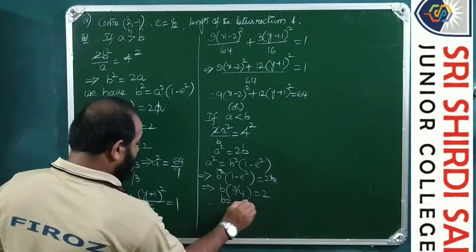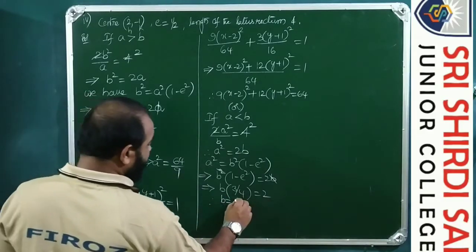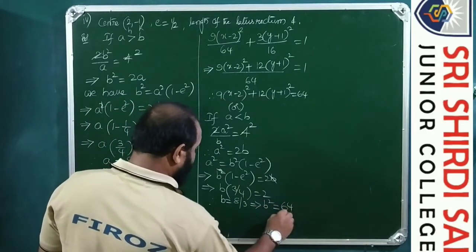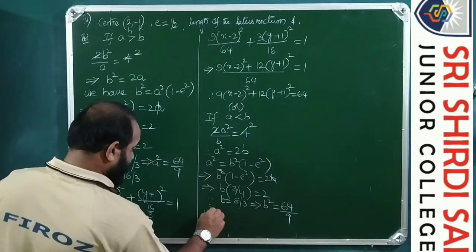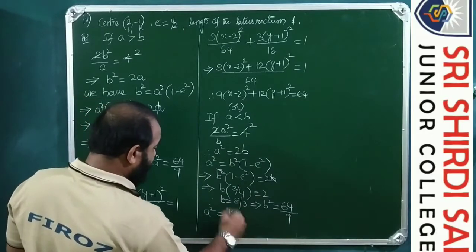Therefore, B is equal to 4 2s are 8, 8 by 3. From this, B square is 64 by 9 and A square is equal to 2 into 8, 16 by 3.